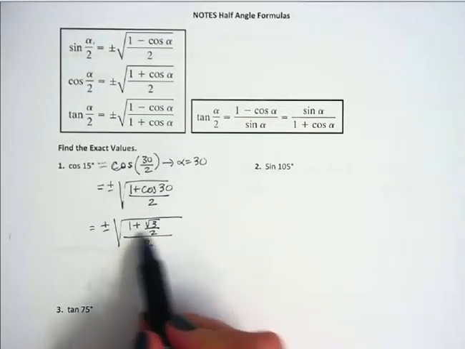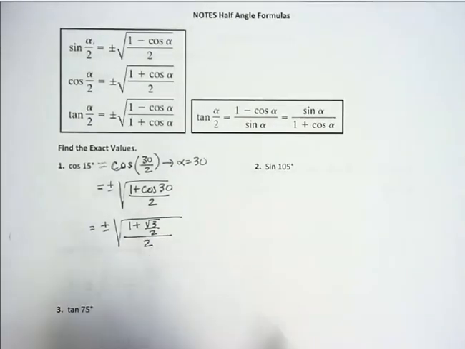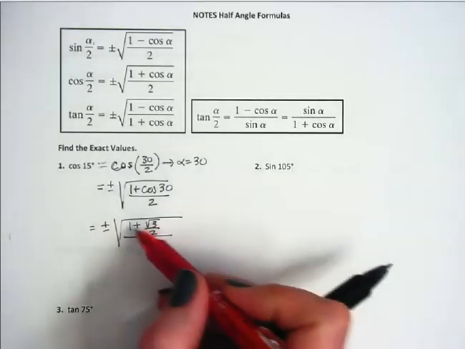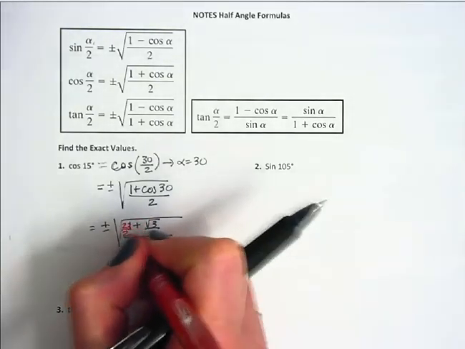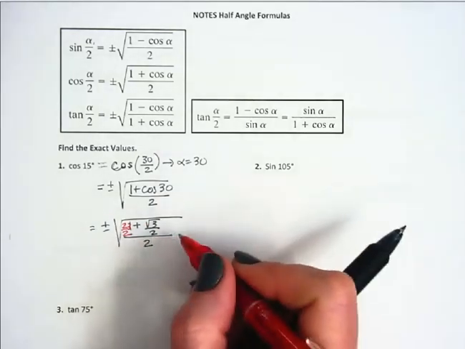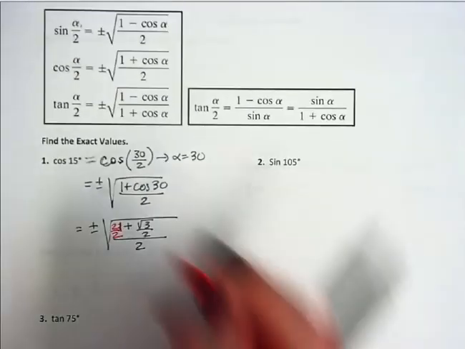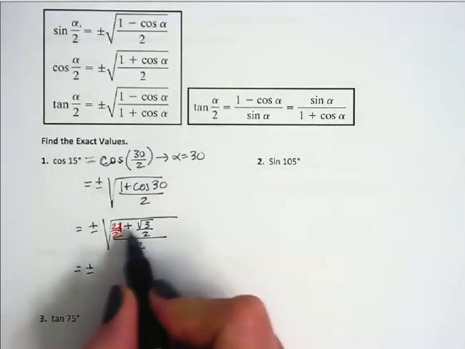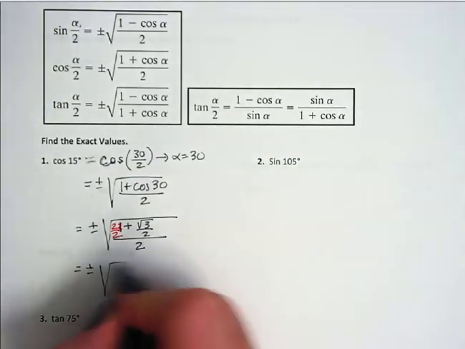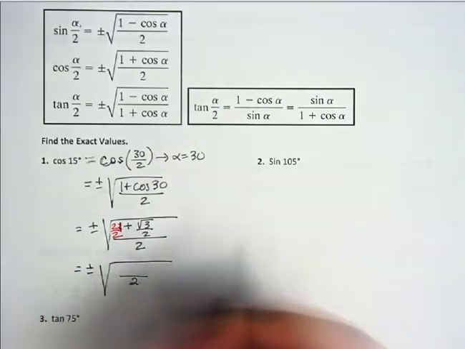Now, inside here, I need to combine these two fractions. I'm going to rewrite this one as 2 over 2, right, so that I have common denominators. And then I will combine these two fractions into one with a denominator of 2.